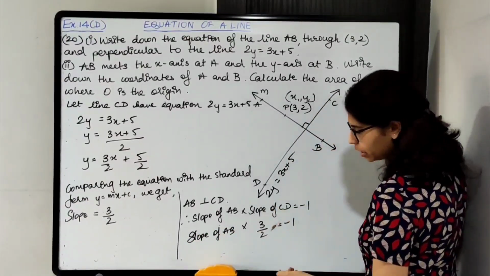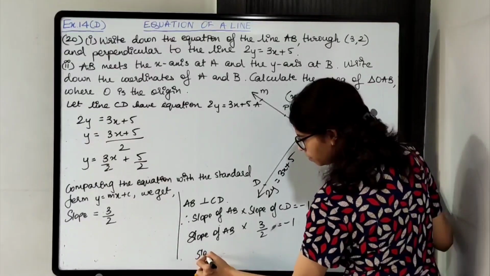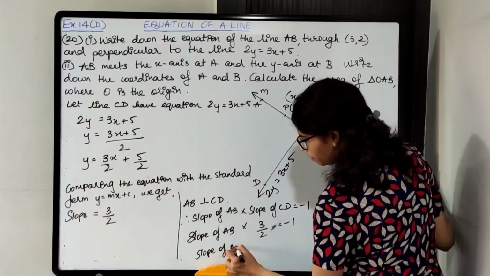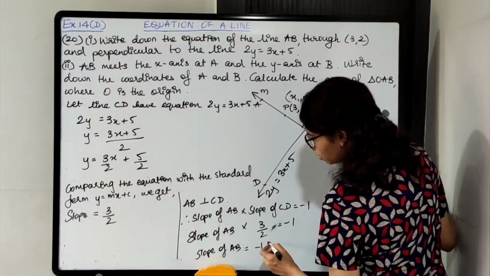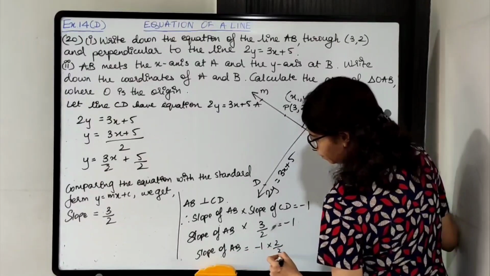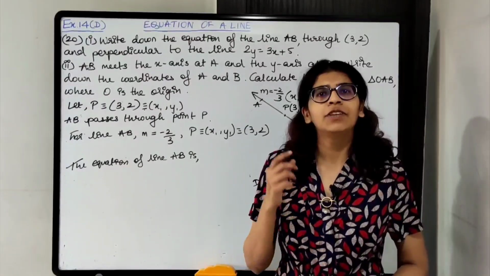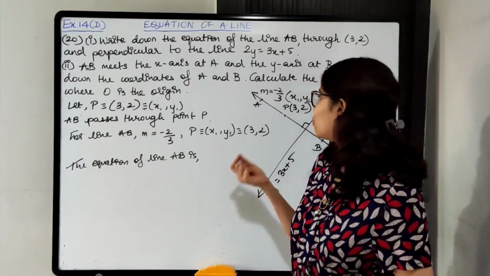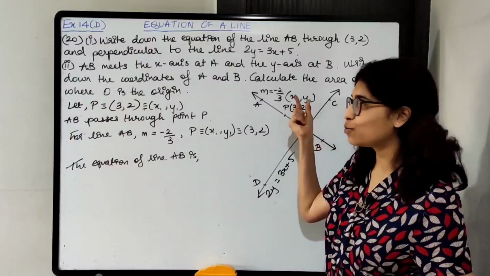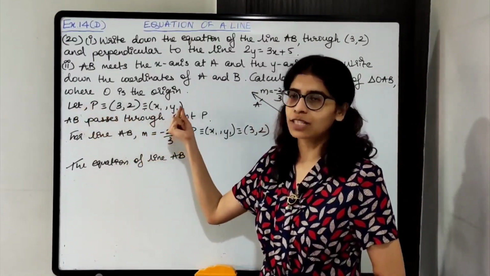Shifting 3 by 2 to the other side, it will be the reciprocal, 2 by 3, so it will be -2 by 3. We have named the point as P, since they have not named 3, 2, so you have to write down that statement.